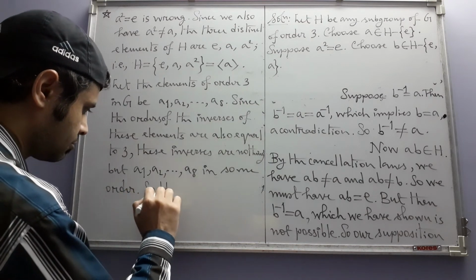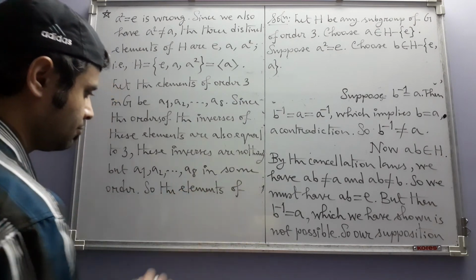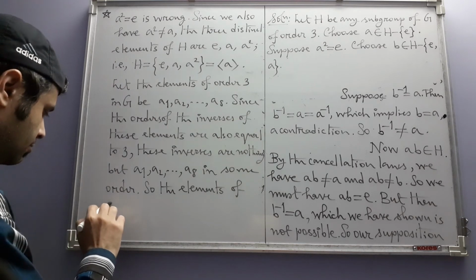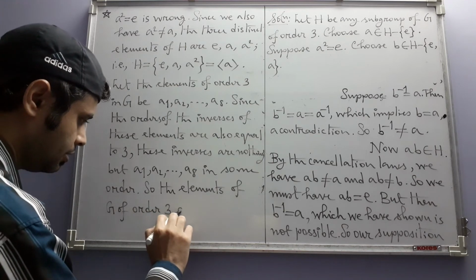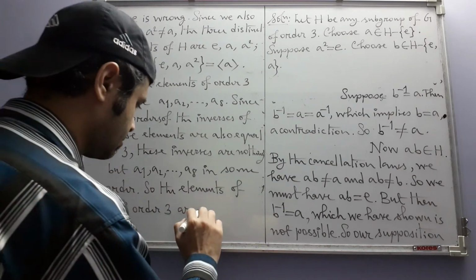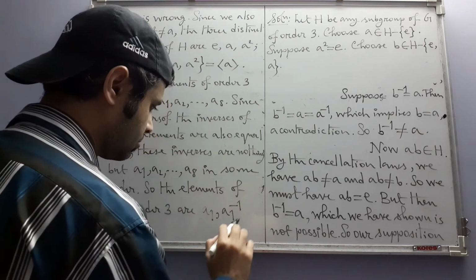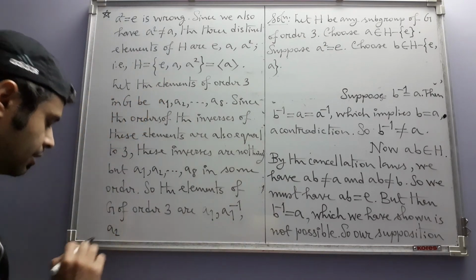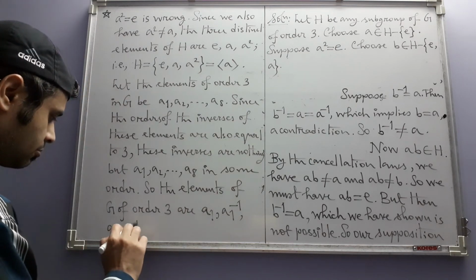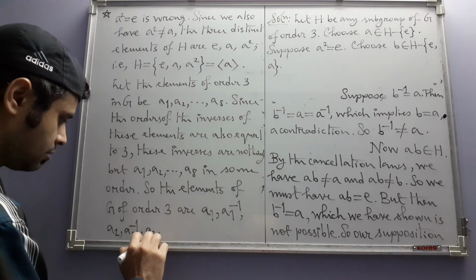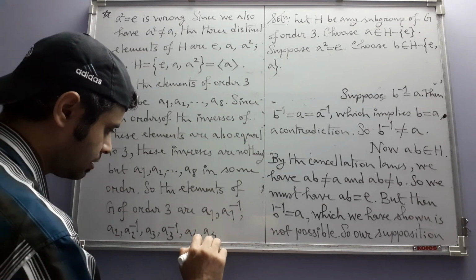So the elements of G of order 3 are A1 and its inverse, A2 and its inverse. Without loss of generality, we are assuming that these are the elements. A3 and its inverse and A4 and its inverse.